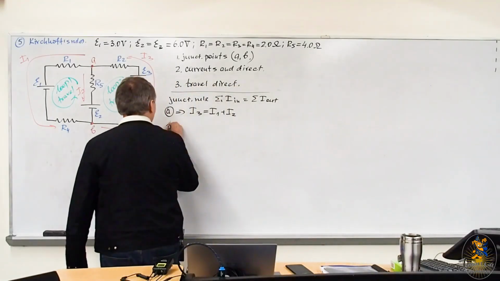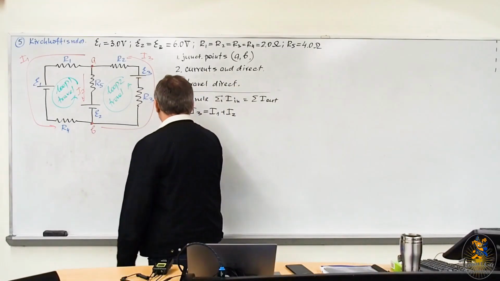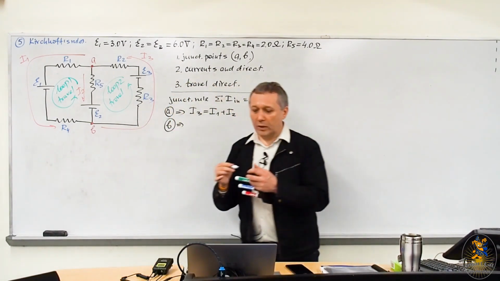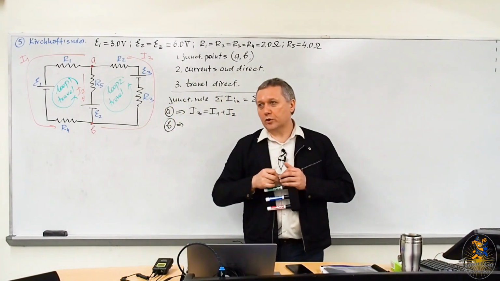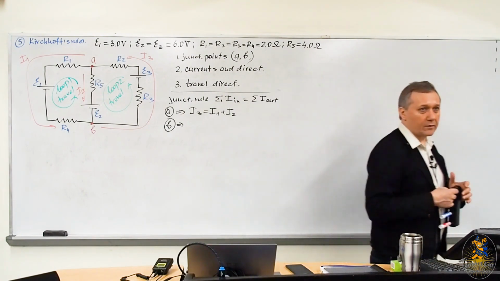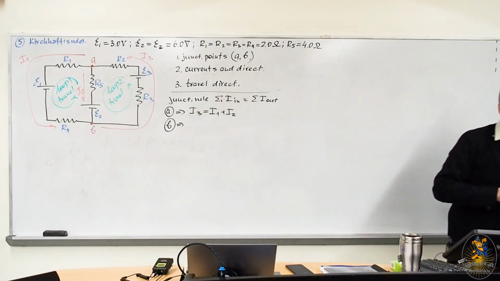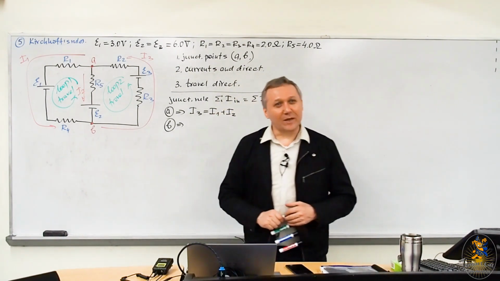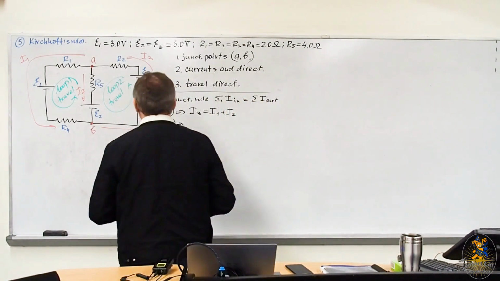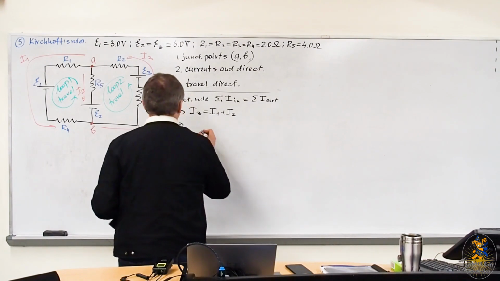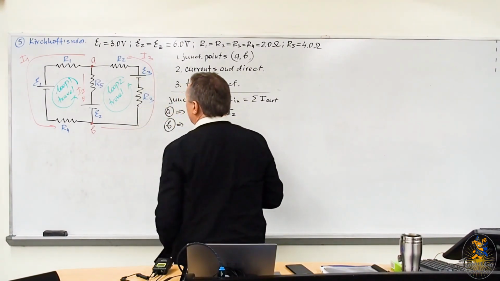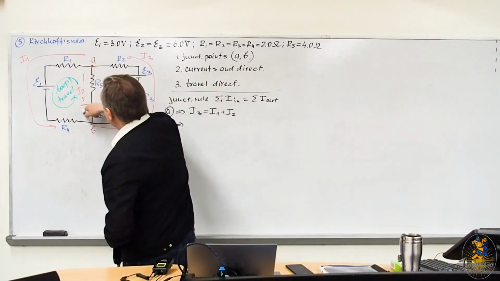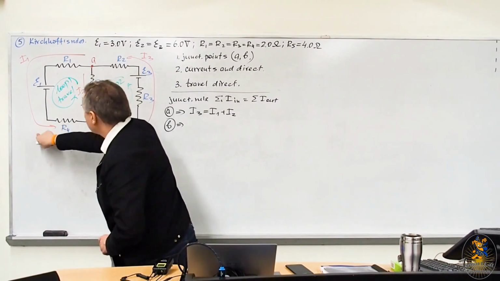Then, of course, junction point B. You remember every time one of the junction equations is going to be redundant, useless. It is not going to give us any useful information. It's basically a law. So every time one junction equation is going to be redundant. Like in this case, if we write for B, it will be I2 in plus I1.